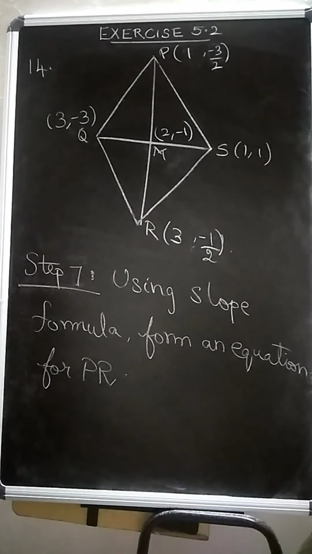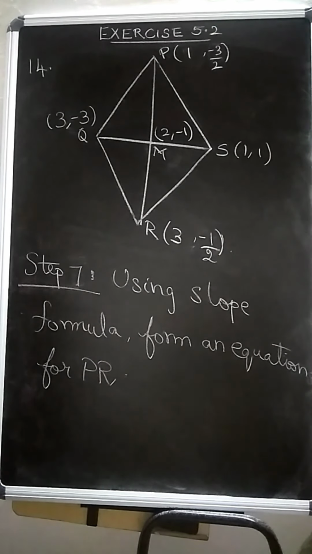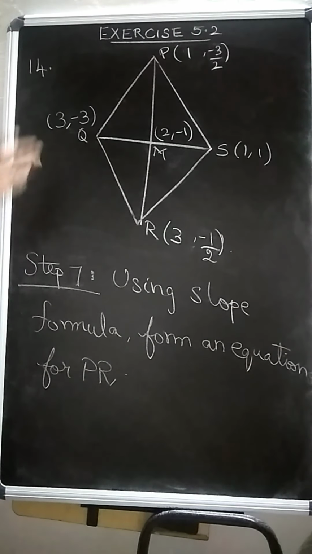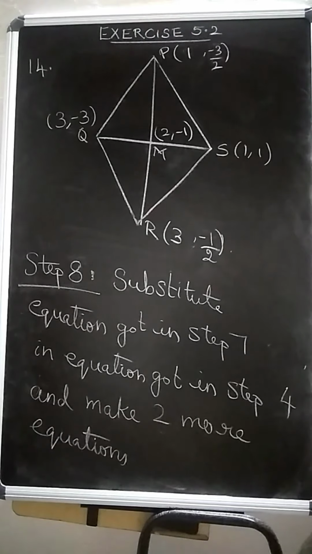Using the slope formula, now you have already found out the slope of PR. Now using slope formula, you are going to form an equation for PR by equating it and name that equation as equation number 6. Next, in step number 8, you are going to substitute equation number 6 in equation number 5 and you are going to derive 2 more equations and you will name those equations as equation number 7 and 8.